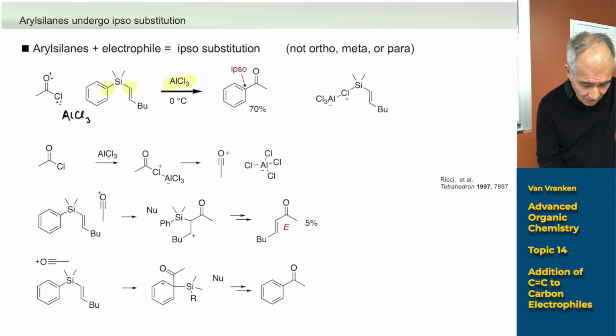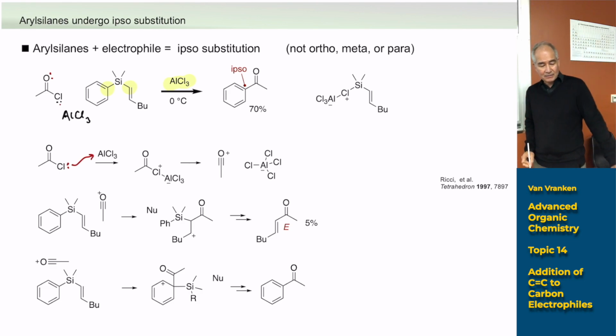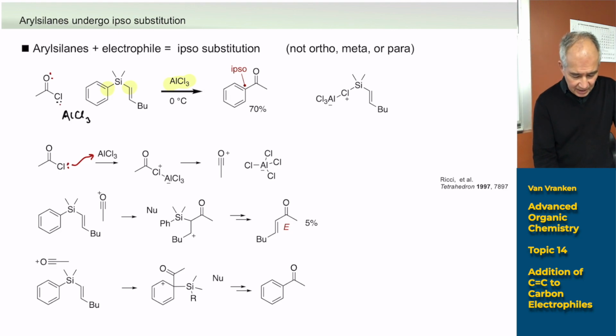So again, don't use the oxygen lone pairs to coordinate to the Lewis acid, the aluminum here. Yes, we all agree that's happening, but it just doesn't lead to a productive reaction pathway. So eventually, we're going to coordinate the chlorine lone pairs, and we generate at the same time this chloronium species and an aluminate species.